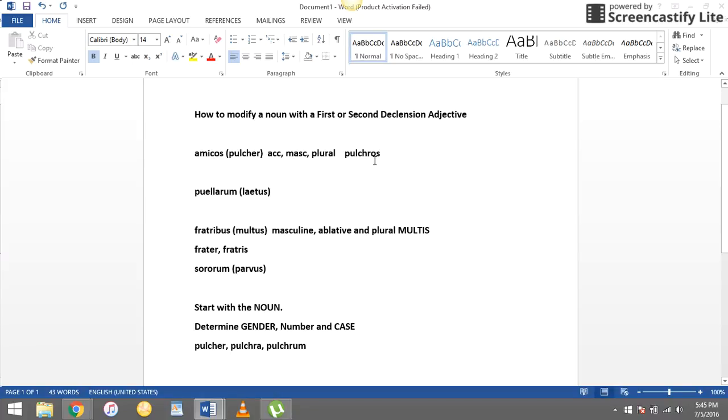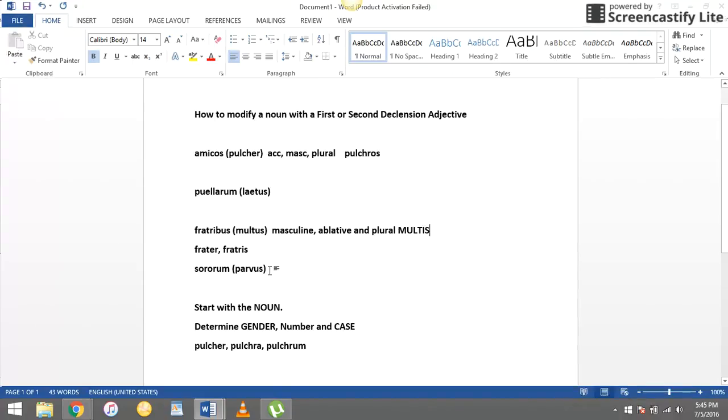They use the same endings. But here, the endings don't match because what you have is a third declension noun that's being modified by a second declension adjective. People always say be true to yourself. Well, adjectives and nouns have to be true to themselves. Fratribus has to use a third declension ending because it's a third declension noun. And multus has to use second declension endings because it's a second declension adjective.